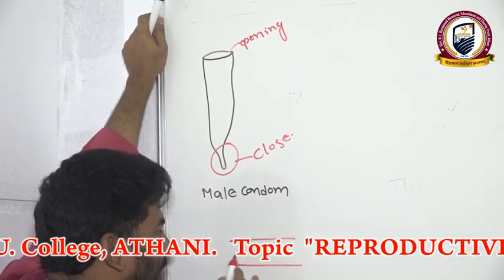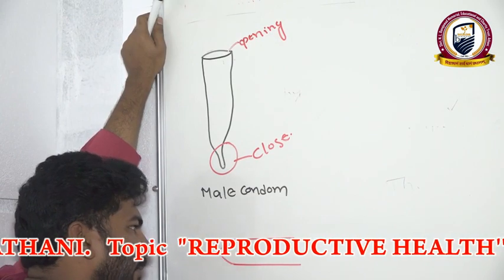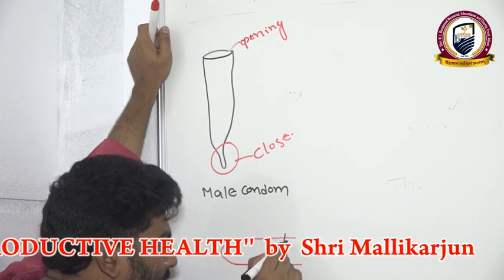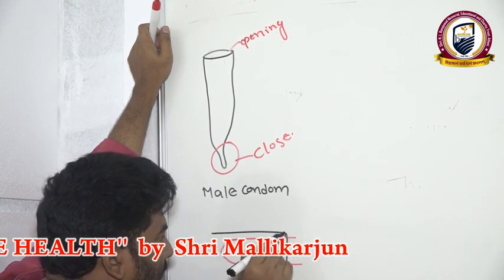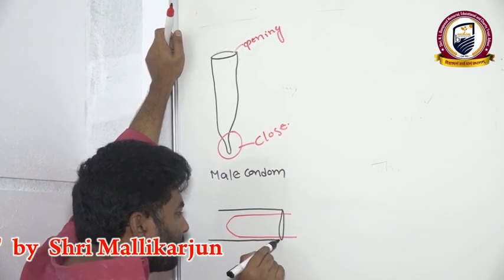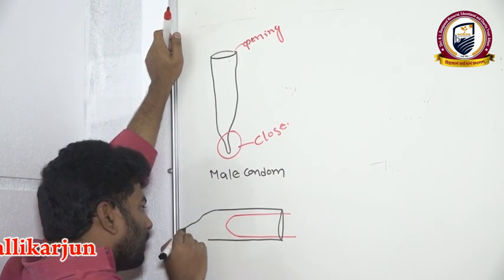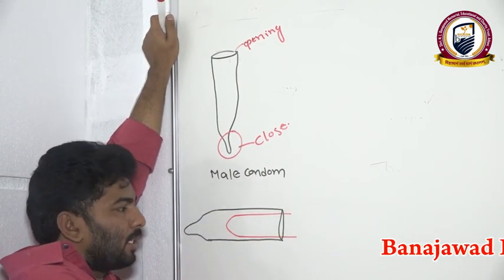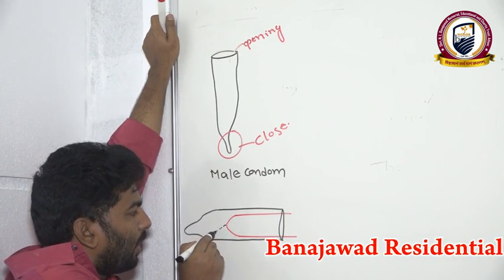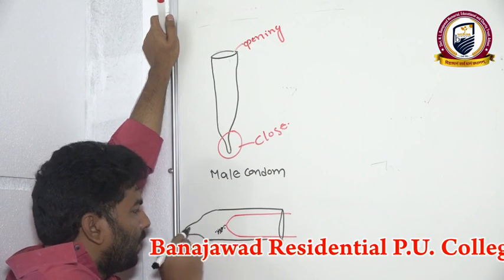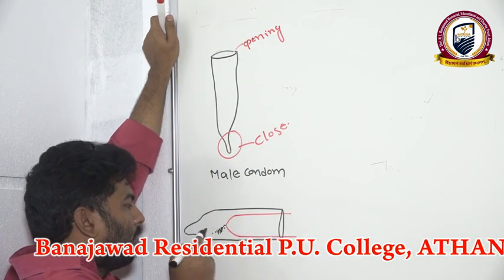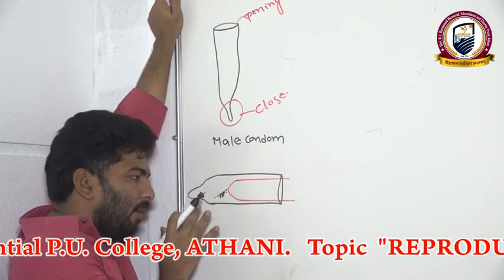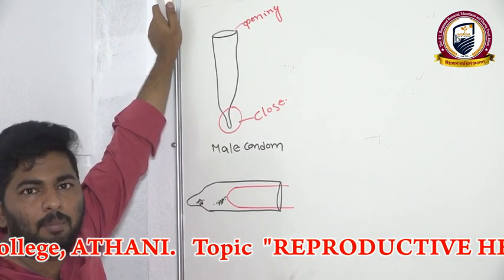For example, this is the penis of the male. This condom will cover the male penis like this. Whenever the male participates in sexual contact, the sperm is ejaculated into this condom. It is deposited in the condom itself. It is not entering the female vagina. There is no chance of getting pregnant.